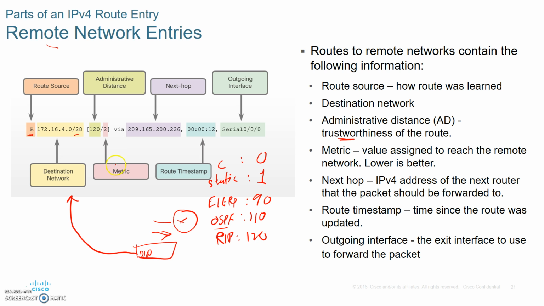The next number in the square brackets is called the metric. The metric is the value assigned to reach the network. The lower the value, the better. This value is compared to routes that are learned through the same routing source. For example, through RIP, I learned that I can go to this 172.16.4.0 network through two methods.